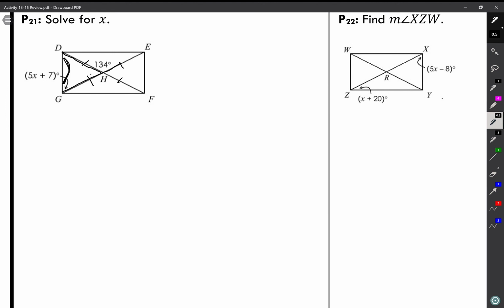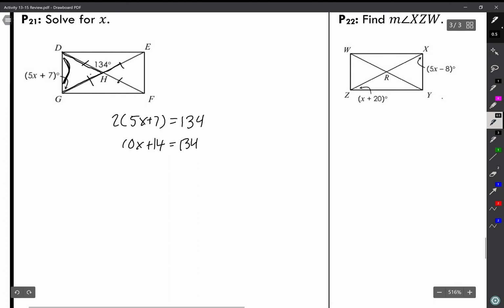So by the exterior angle theorem, I can say that 2 times 5x plus 7 is just equal to 134. Okay, so solve for x. 10x plus 14, excuse me, equals 134.